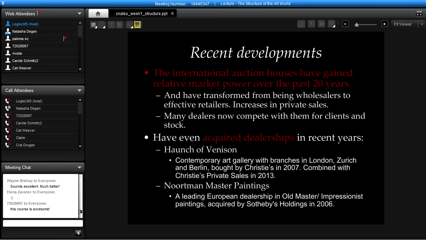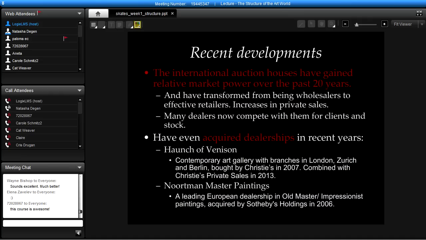So revenue was twice as large in 2011, and due to a number of reasons, some of which we'll be discussing in future lectures, there is some instability in the market, although I think very recently confidence has been on the rise.